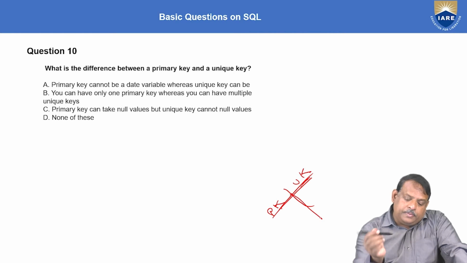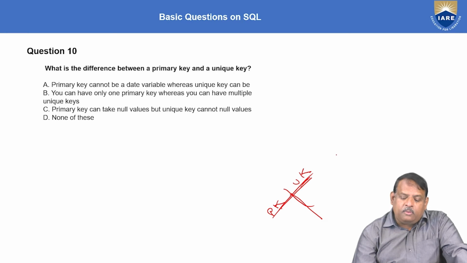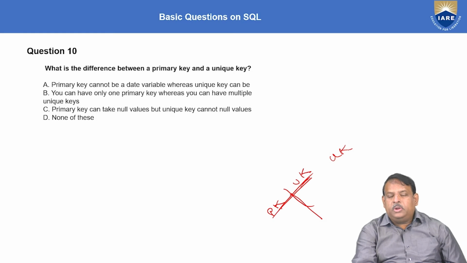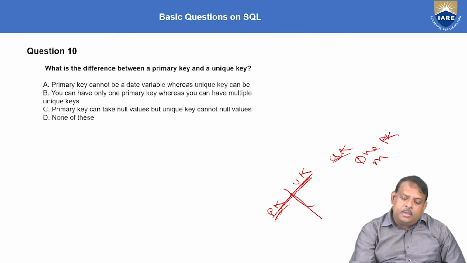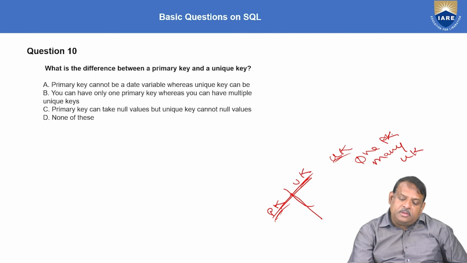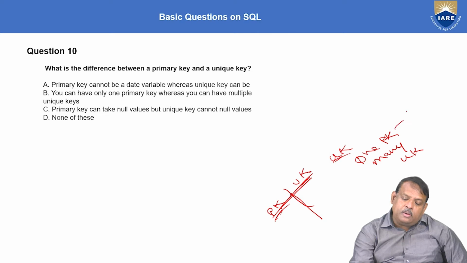In a table, we can have multiple unique keys, but a table can have only one primary key. This primary key can have one or more columns.